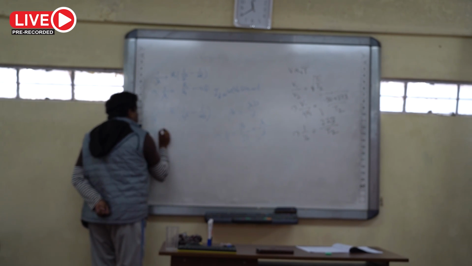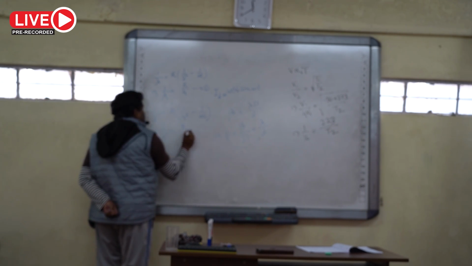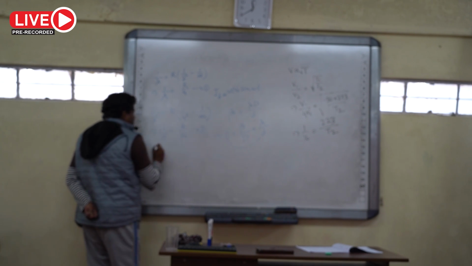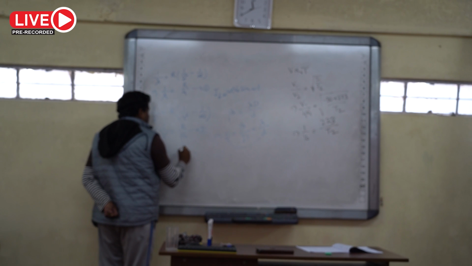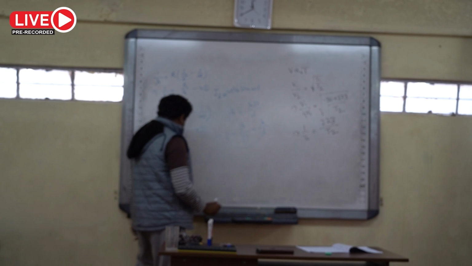That will be 1 by lambda prime equals R by 16. Now divide these two: 1 by lambda divided by 1 by lambda prime equals R by 4 divided by R by 16. So lambda prime by lambda equals 4, so it will be 4 lambda.